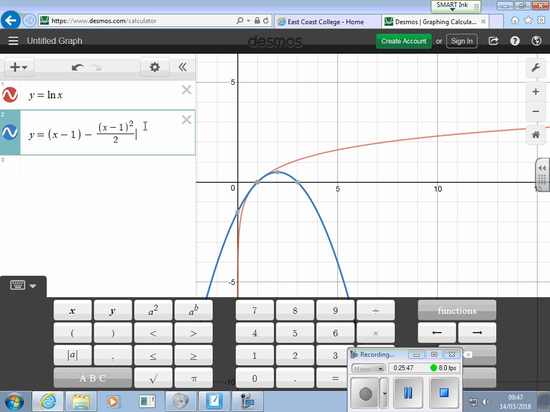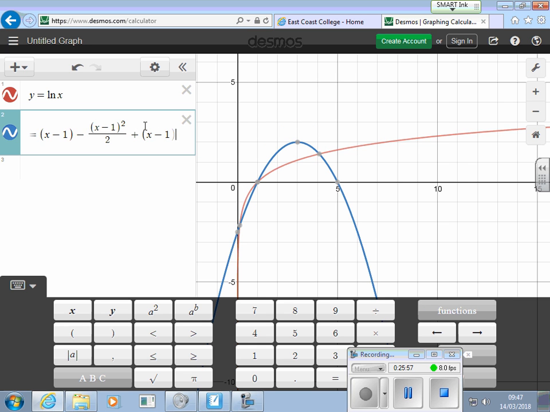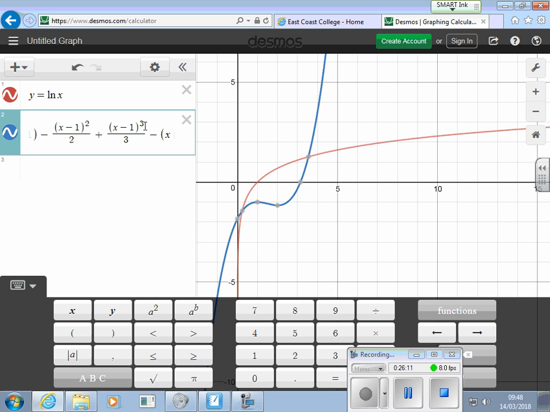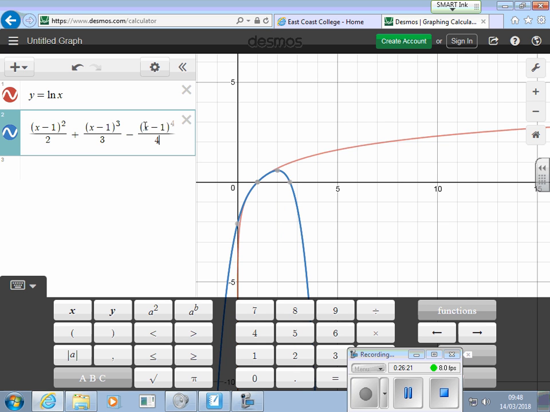And then plus (x minus 1) to the power of 3 all over 3. Next term is minus (x minus 1) to the power of 4 all over 4.